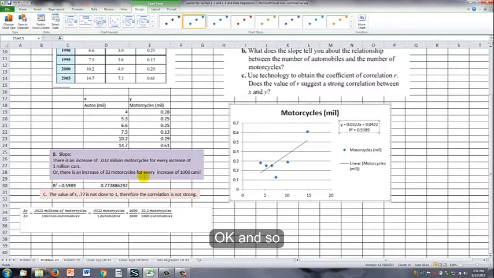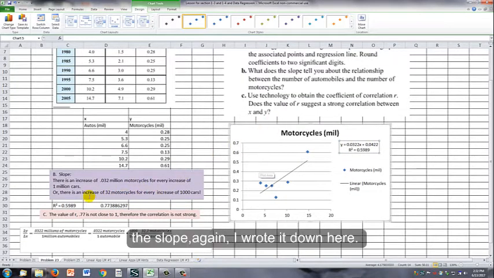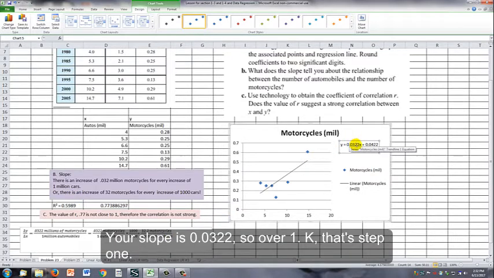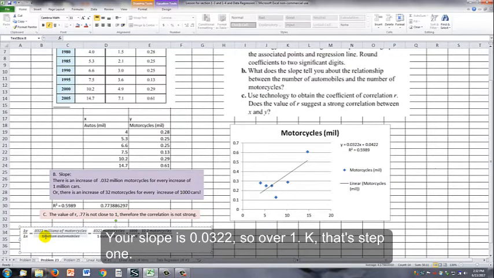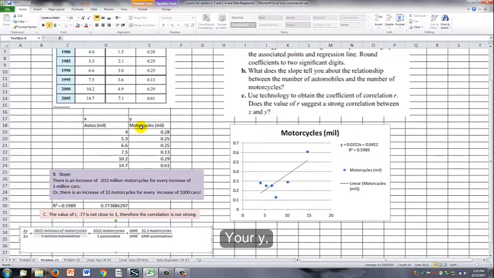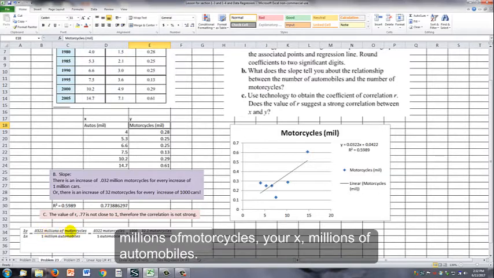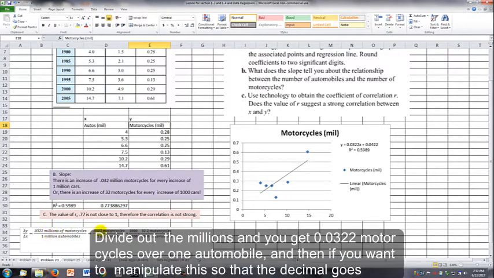And so the slope, again, I wrote it down here. Your slope is 0.0322, so over 1. That's step 1. Your Y, millions of motorcycles. Your X, millions of automobiles. Divide out the millions, and you get 0.0322 motorcycles over 1 automobile.